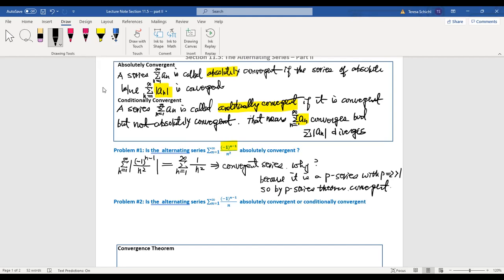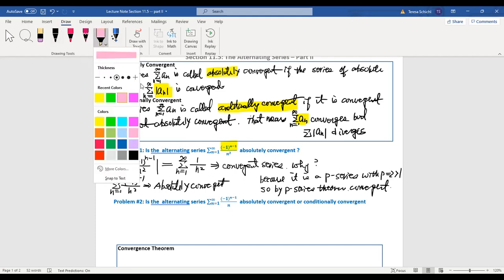Because this converges, the series, n from 1 to infinity of (-1)^(n-1) over n squared, is absolutely convergent, because if you take the absolute value, it converges.